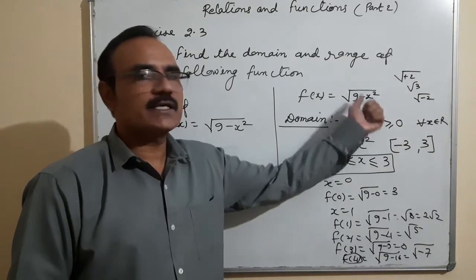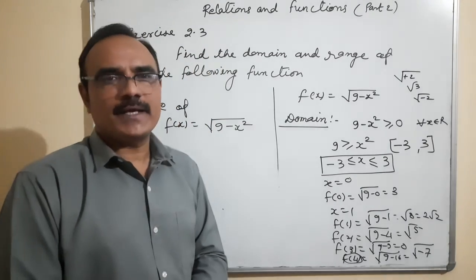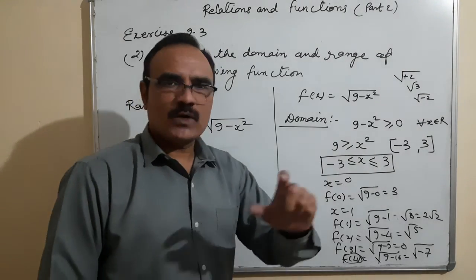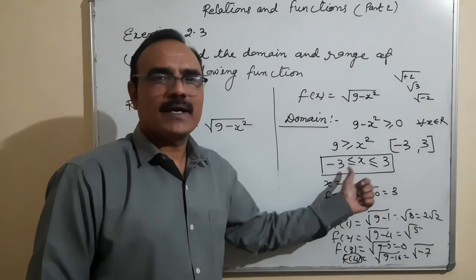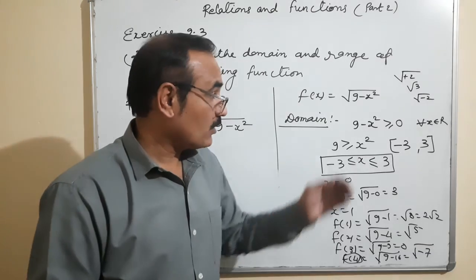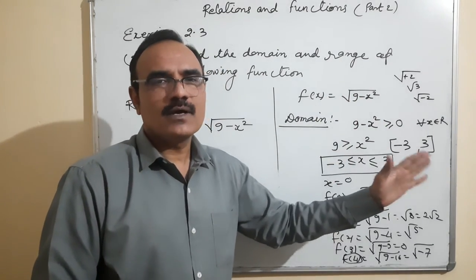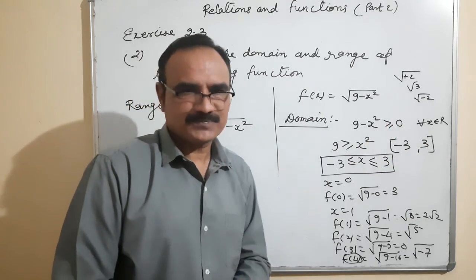How many possible results can you obtain from it? One thing is clear: you can put values from minus 3 to plus 3. These are the restrictions. Now let us see how many results you are getting. Are you getting minus 3 to plus 3, yes or no? Or are you getting only positive numbers?